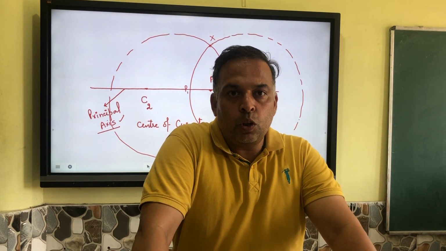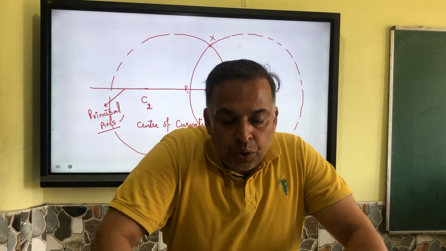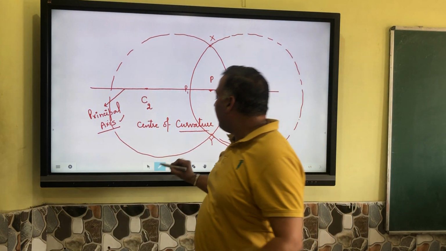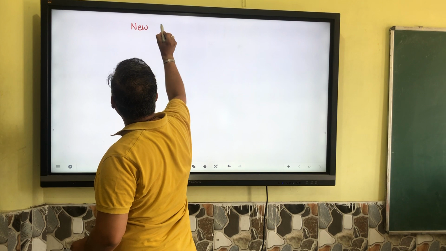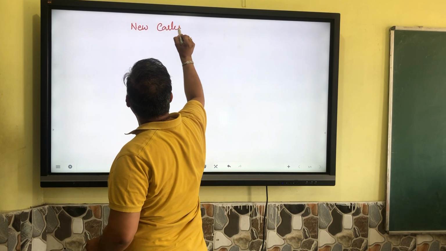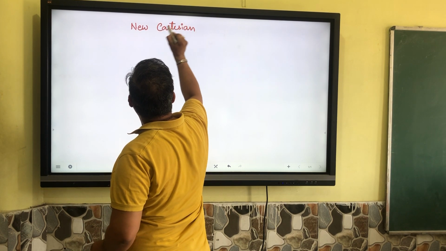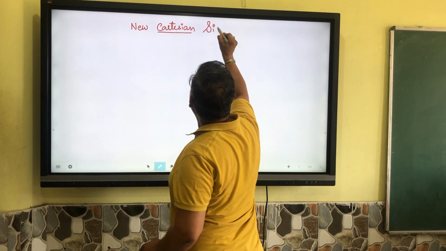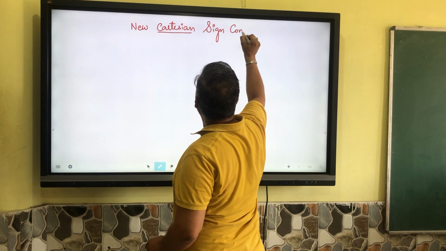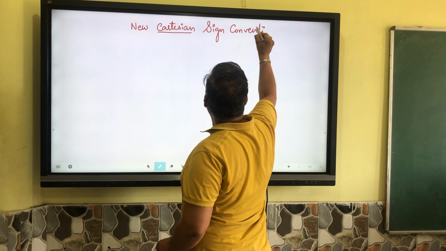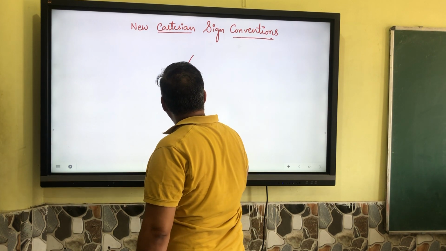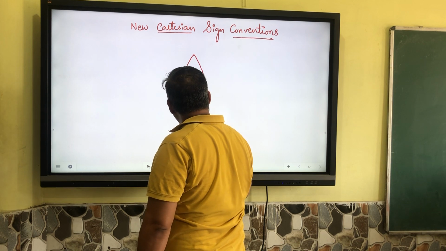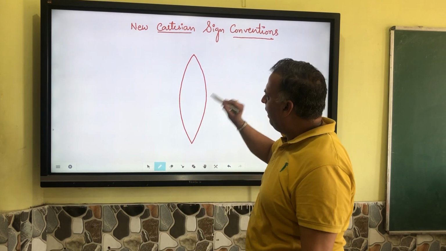First, I will talk about the new Cartesian sign conventions. This is the biconvex refracting surface I am considering.